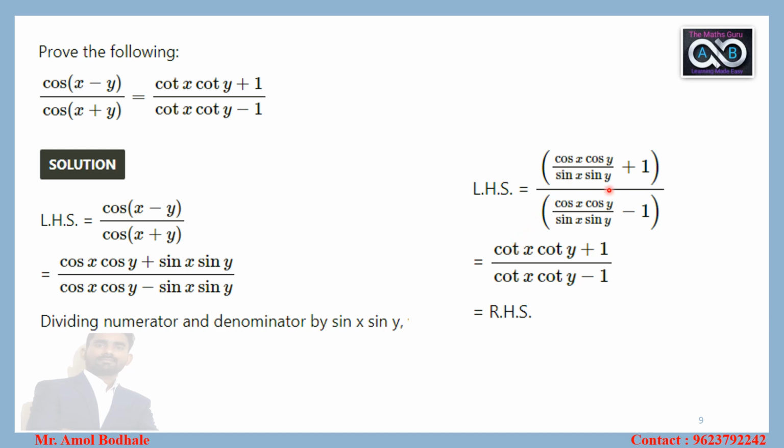Which is cot x. What is cos y upon sin y? Which is cot y, plus 1 as it is. Similarly in the denominator, cos x upon sin x is cot x, and cos y upon sin y is cot y, minus 1, and it is exactly the required RHS. So in this way we can prove LHS equal to RHS by considering the LHS.